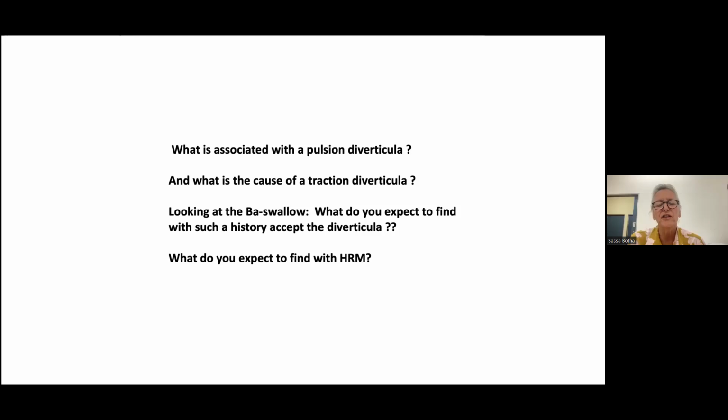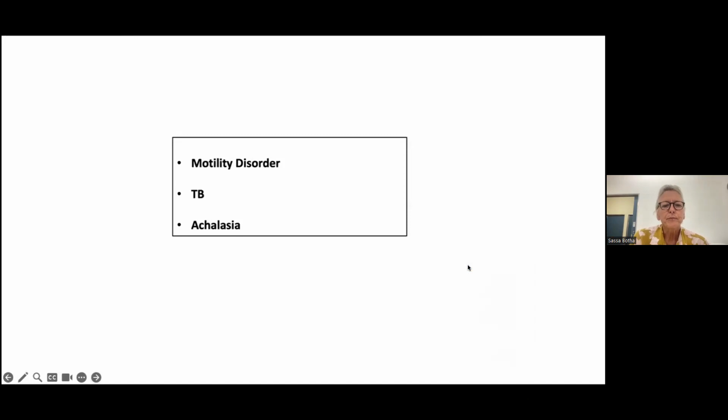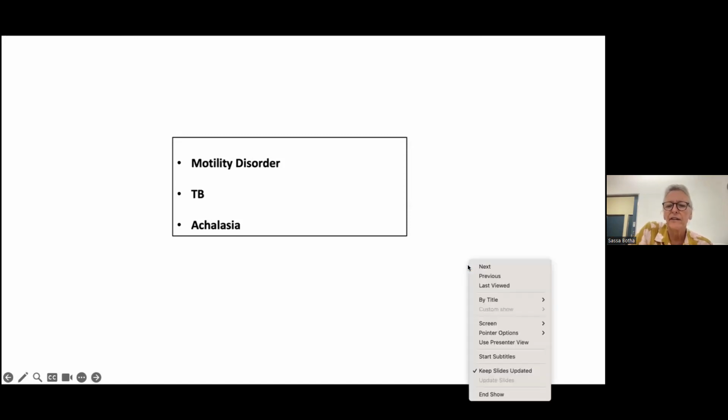And that would be associated with what condition? Achalasia, yes. From the history, we can't really say if it's type 1 or type 2 achalasia, except if it's been a long-standing history. Okay, so that one we've covered.